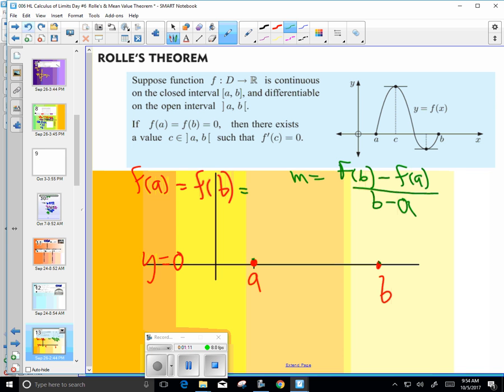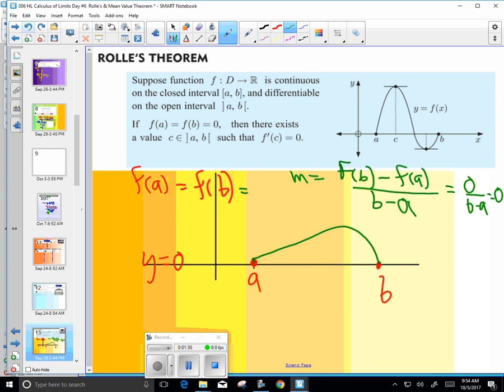We could say 0. But if these are equal, it's going to be 0 over b minus a, or 0. In other words, there has to be a place between here and here where the slope is 0. And that's one. Here we've got two places. You can have as many as you want.